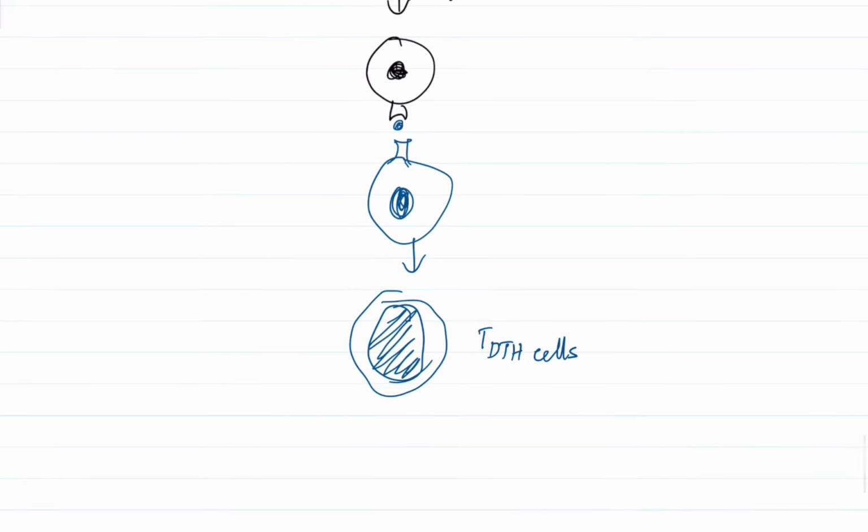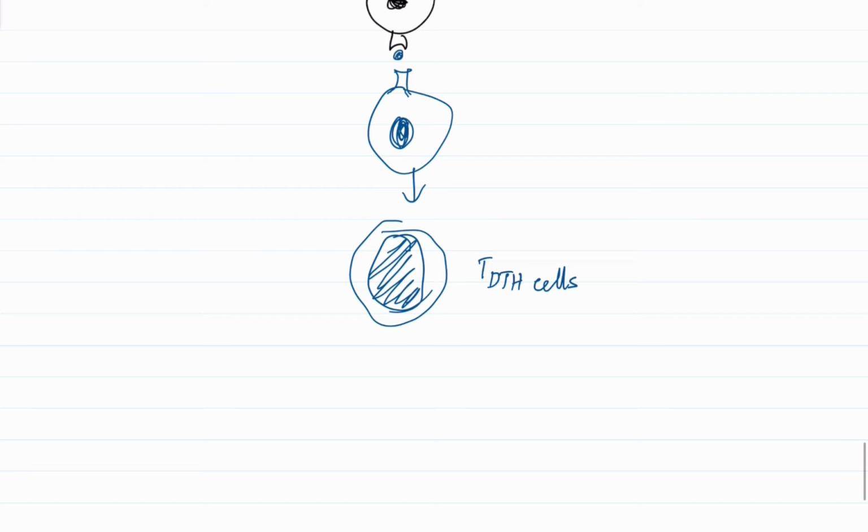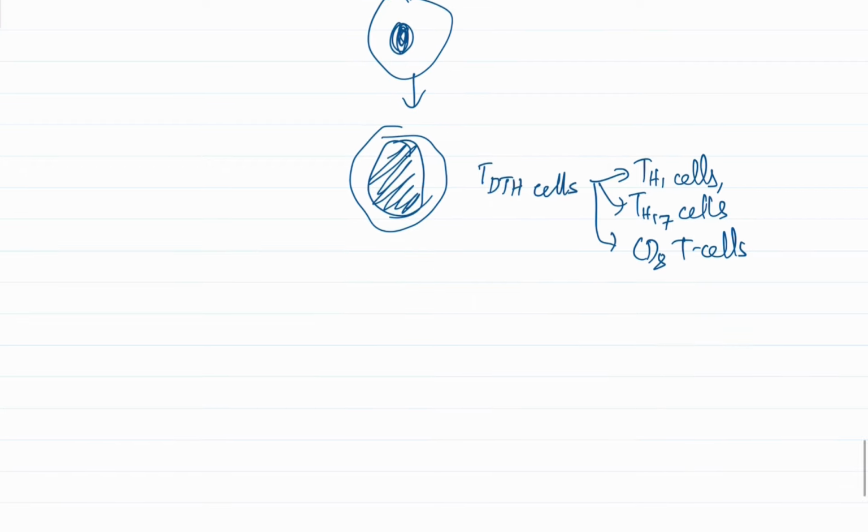These delayed hypersensitivity cells are derived, most of them, from Th1 cells, or they are derived from Th17 cells. They could also be derived from CD8 T cells. So these three cell types modify themselves to specialize and differentiate into TDTH cells.